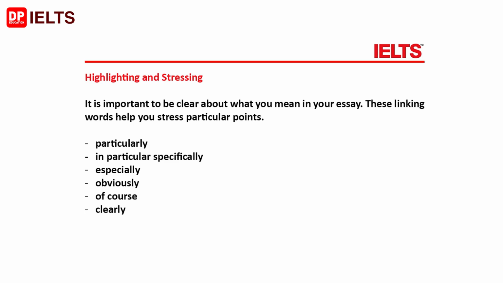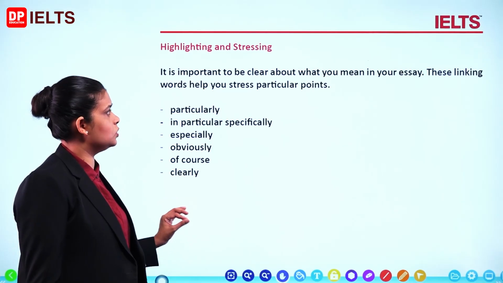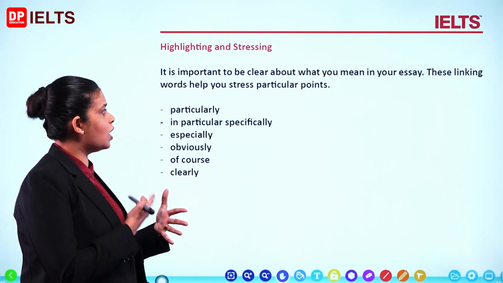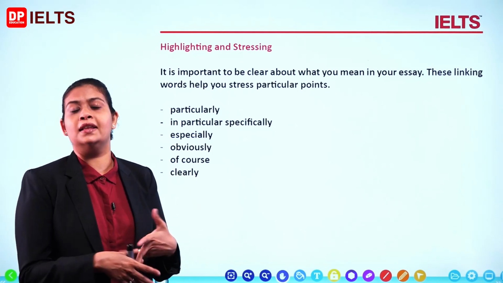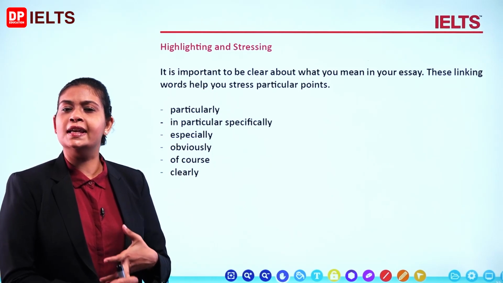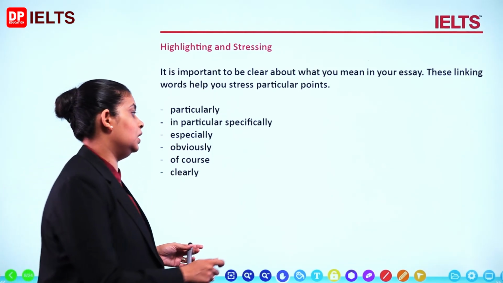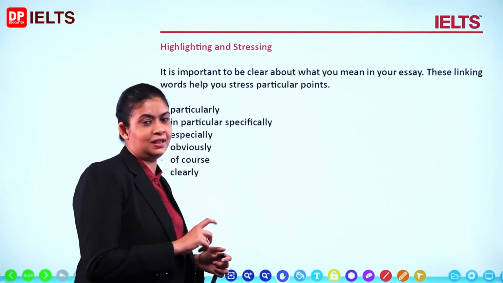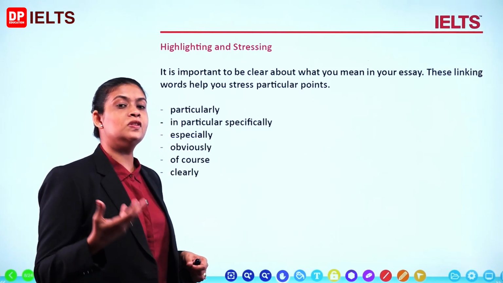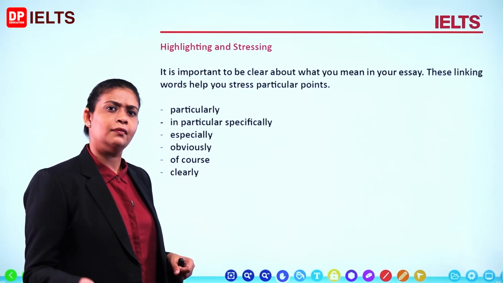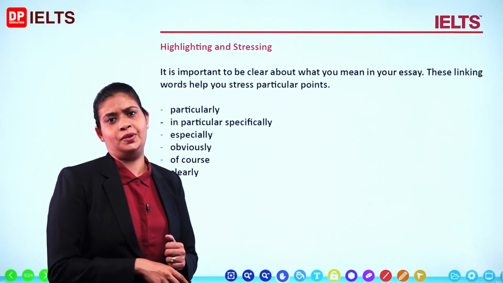Highlighting and stressing. So sometimes when you write your essay, you want one point to be really highlighted because we say, okay, highlight the idea. When we say highlight the idea, we don't mean to highlight it by taking a highlighter. No, you have to highlight it by using words. So how do you do that?